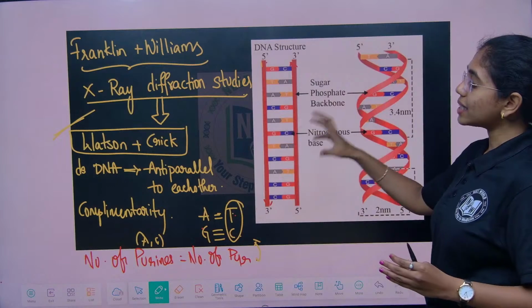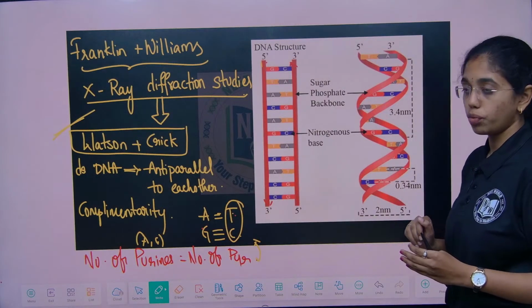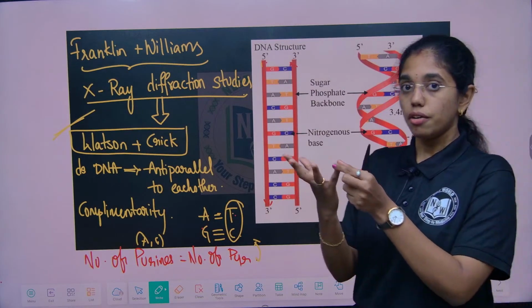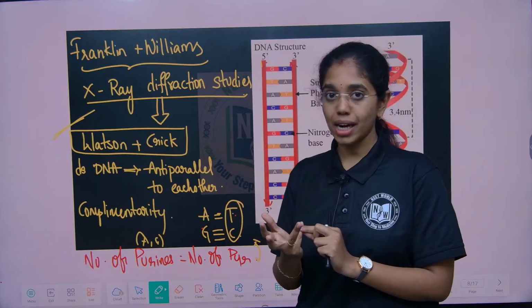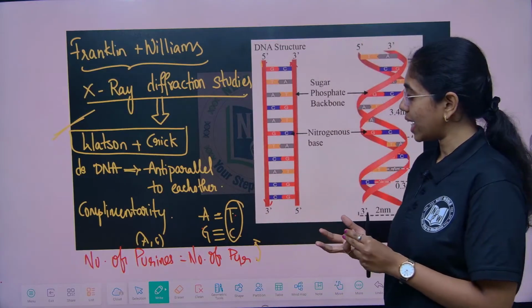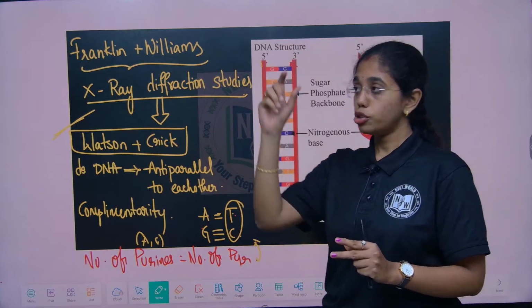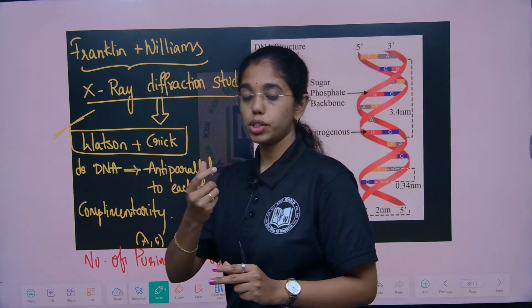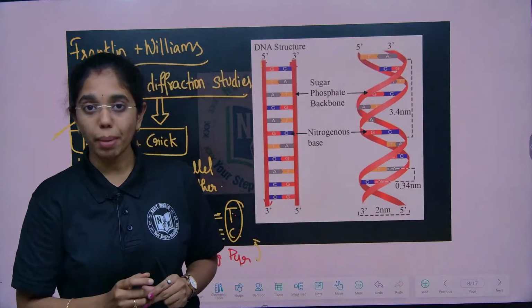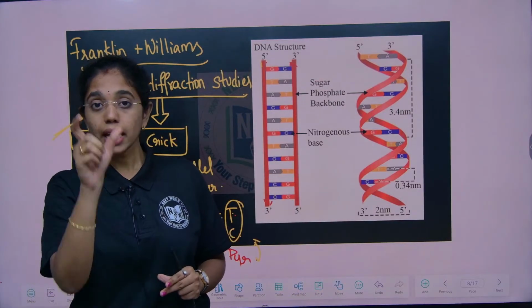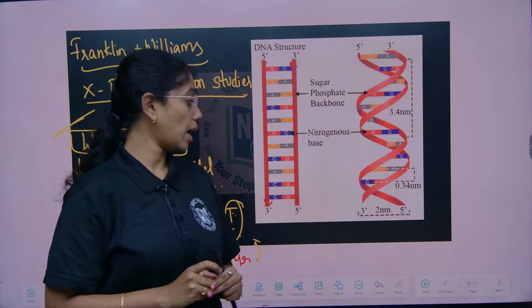So, taking these salient features into consideration, what are they? They are 5 points. First, anti-parallel, the 2 strands are anti-parallel to each other. Second, complementarity between the nitrogen bases. Third, sugar and phosphate groups are placed towards the outer end, they form the backbone of the double helical DNA. Internally, nitrogen bases are present.